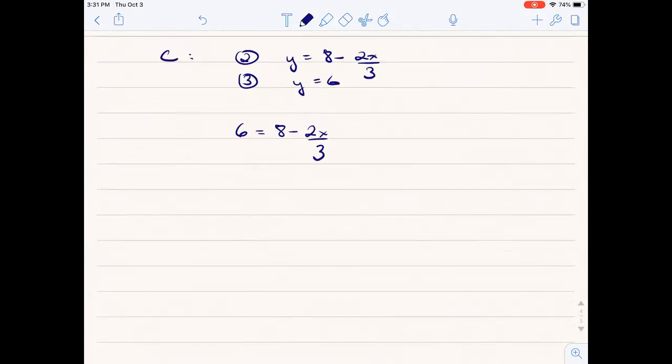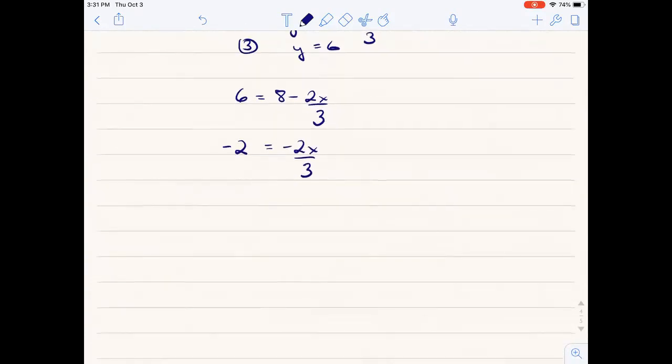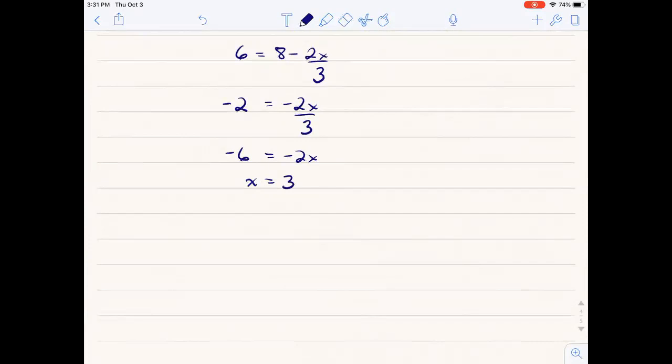And if we slowly try to solve for x here, we're going to move the 8 over, so we get 6 minus 8. Negative 2 is negative 2x over 3. Can multiply by 3 to get negative 6 is negative 2x. So x must be 3.